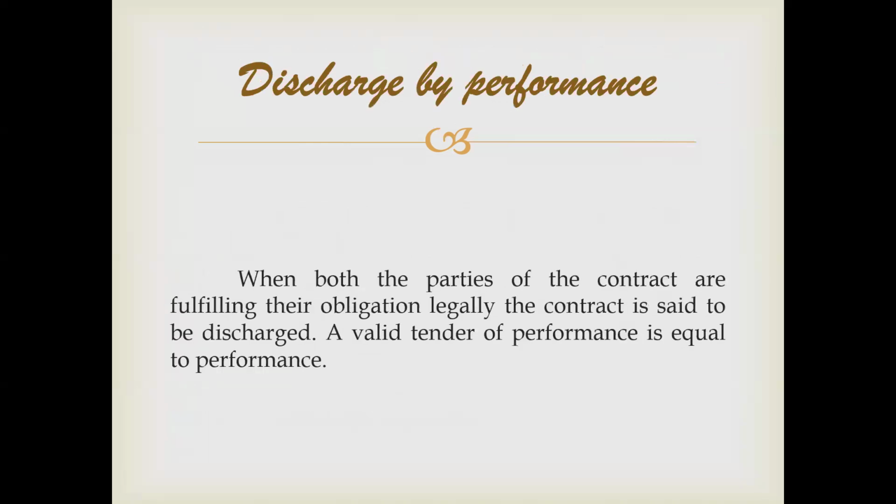First one, discharge by performance. When both the parties to the contract fulfil their obligations legally, the contract is said to be discharged. A valid tender of performance is equal to performance. For example, A promises B that he will supply 50,000 worth of goods, and in return B promises to pay 50,000 rupees.